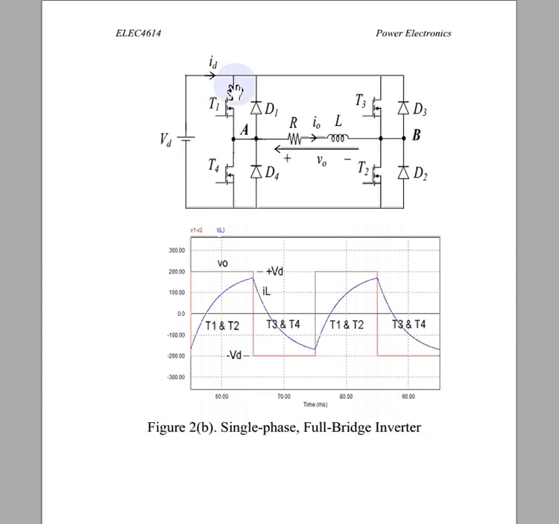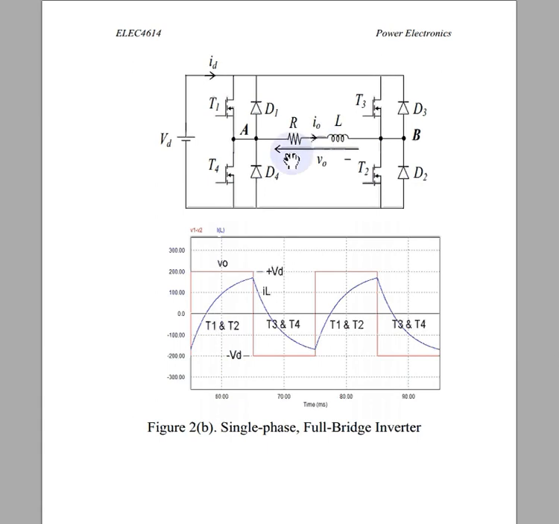At the instant T1 and T2 are off and T3 and T4 are on, the current will flow through this path, giving negative VD. This is the alternating output. If the load is resistive, then the current is almost the same as V0, but here it is RL load.